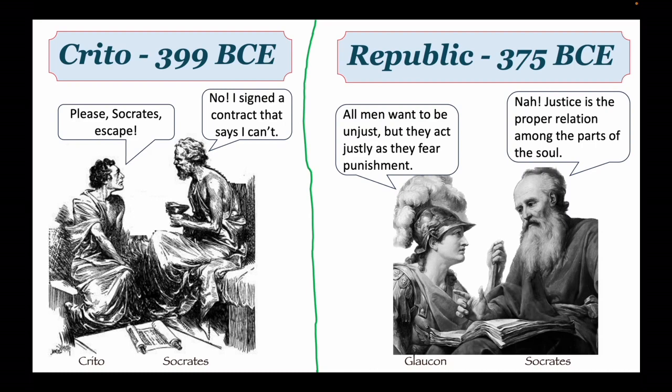Glaucon says, I'll tell you why human beings come together. They come together because they fear that in a state of nature, before laws, before regulations, before moral principles, they're always in fear, because in the wild, there are no laws. I can take your properties, I can kill you, no one is going to put you in jail.